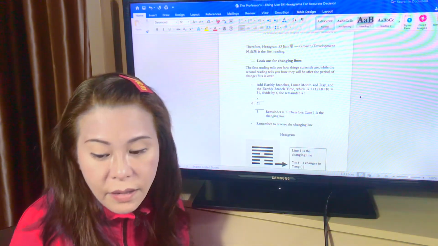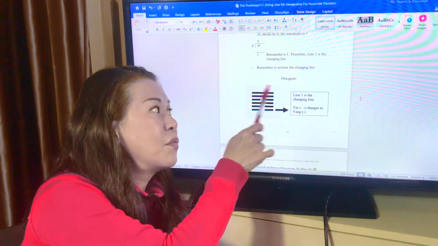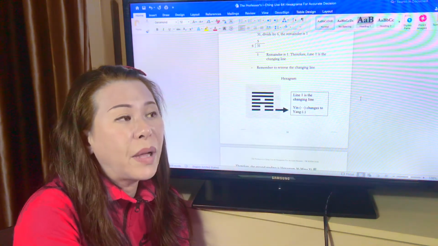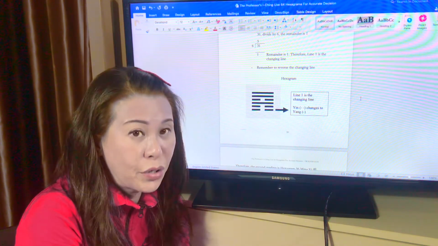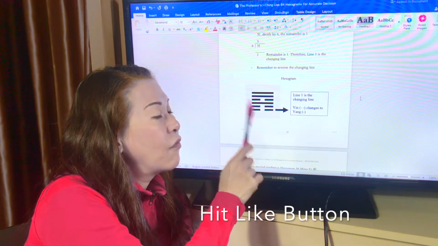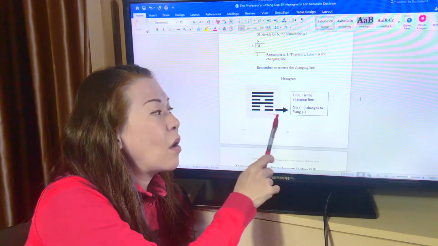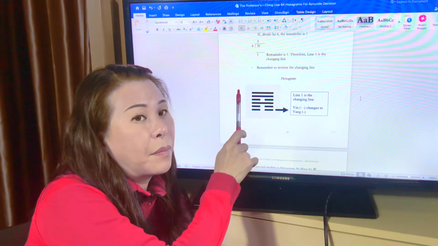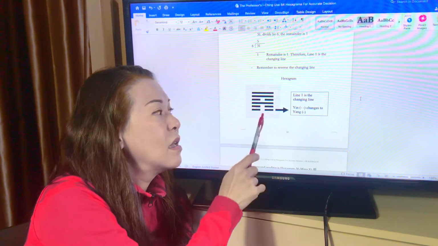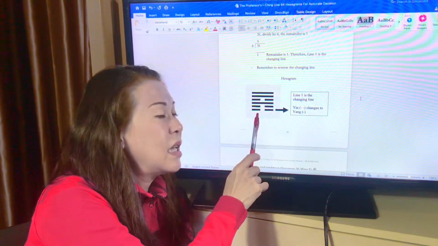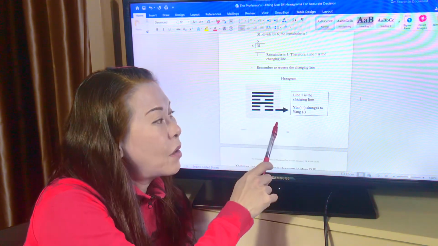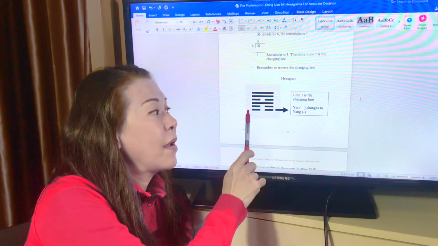This is the first reading, the first hexagram, the current situation you are in right now. But you want to find out the outcome to your question. We found that 1 is the remainder, and in I-Ching, line 1 always starts from the bottom up. Line 1, line 2, line 3, line 4, line 5, line 6. This will be the changing line. If it's yin, it changes to yang. If it's yang, it changes to yin. For this example, the yin changes to yang at line 1.